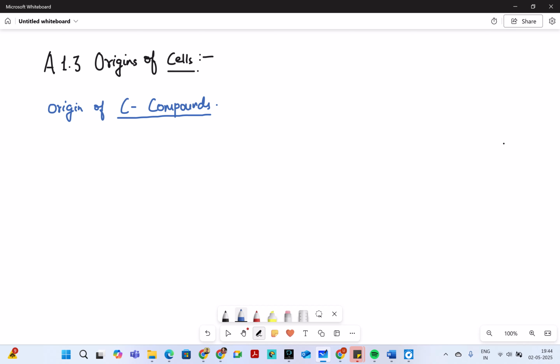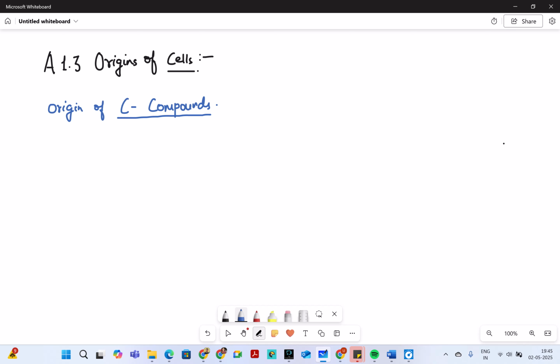If you look at all living forms, the major component is carbon. So it becomes very important to understand why carbon is part of organic, meaning connected to life.